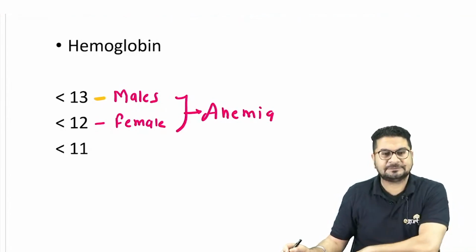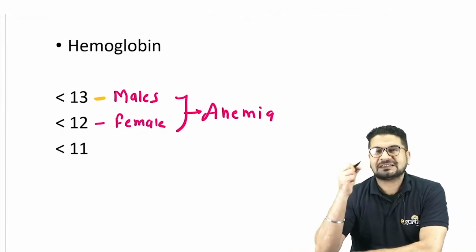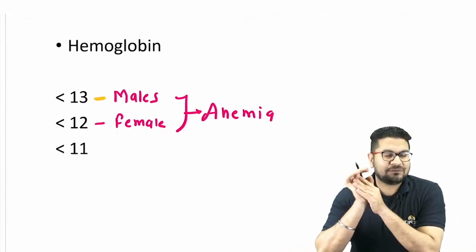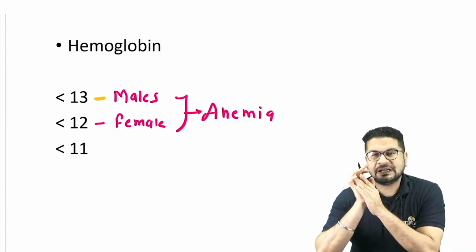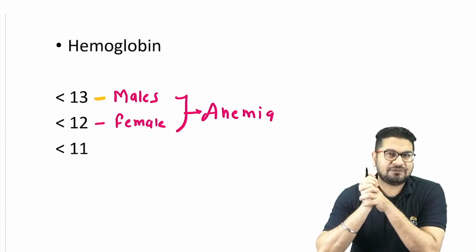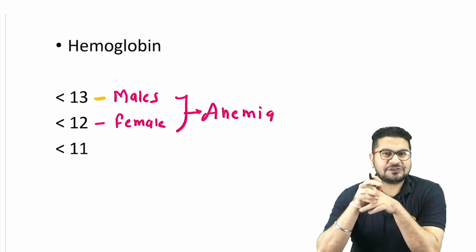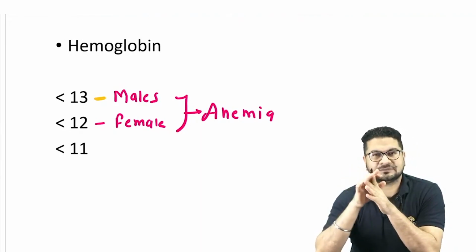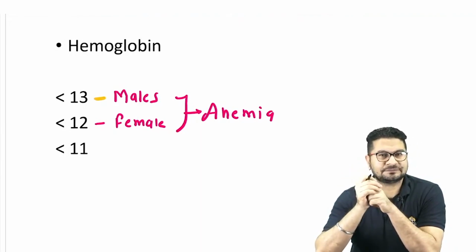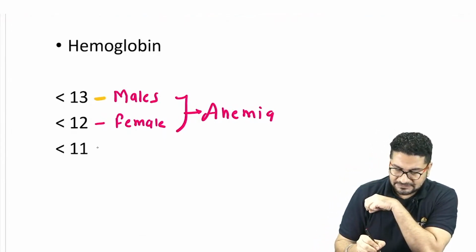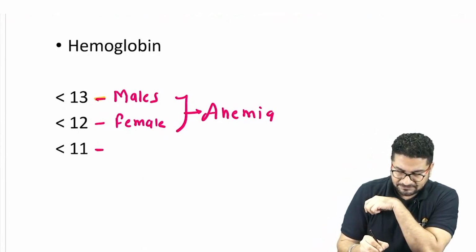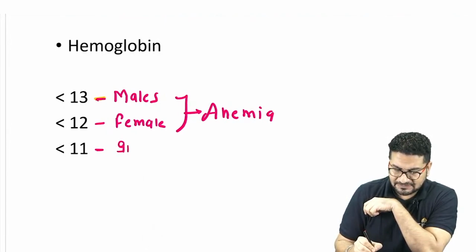Now just understand this, WHO was doing a survey. What they noticed, most of the Indian females have hemoglobin in the range of 10, 9.5, 11. And they noticed these Indian females don't have much symptom. So for Indian females, they have reduced the range.